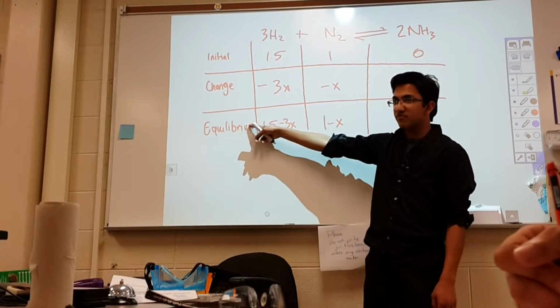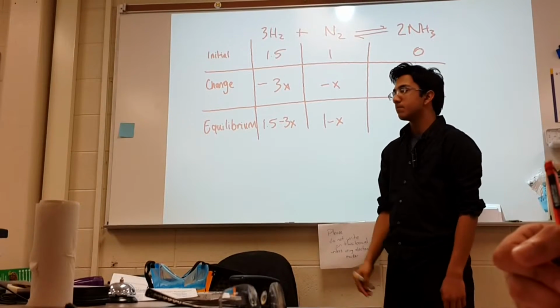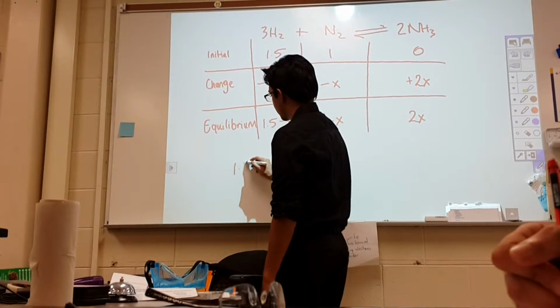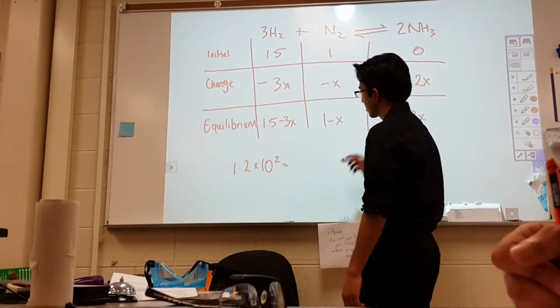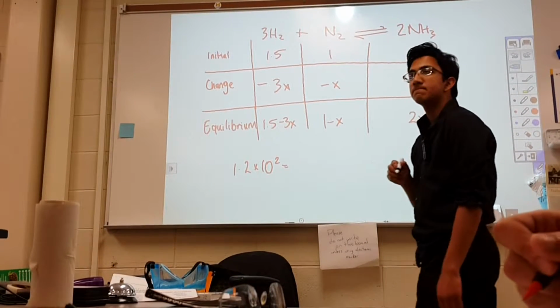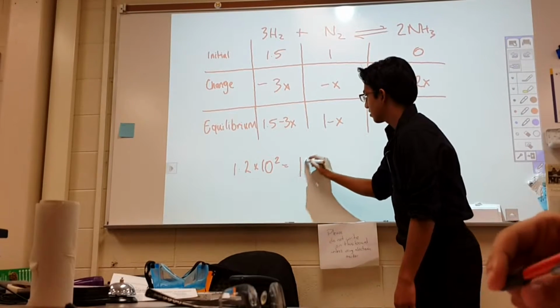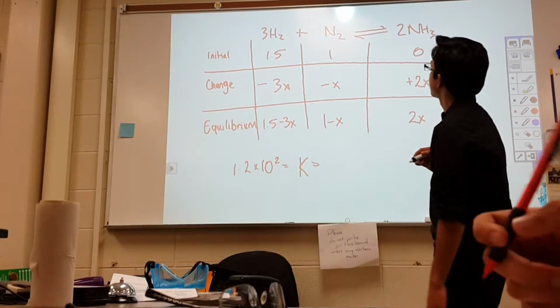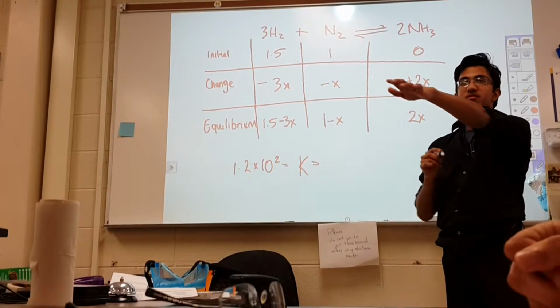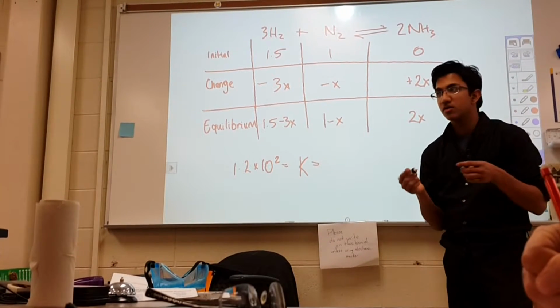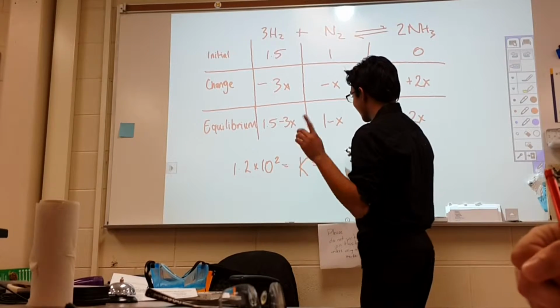Can we now solve for the equilibrium constant? Yes. We were told that it's 1.2 times 10 squared, right? What is my equilibrium constant going to be? The rest of you. 2x squared.